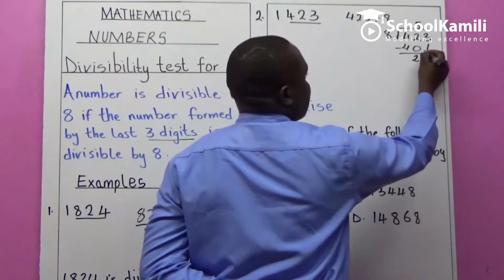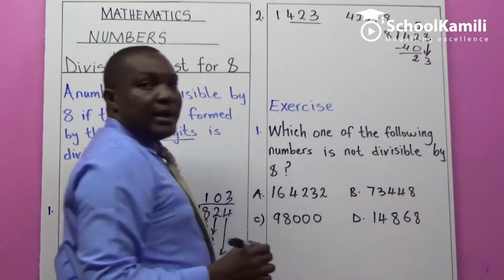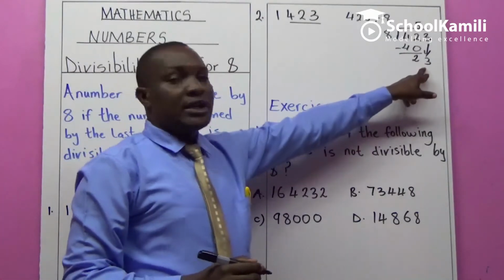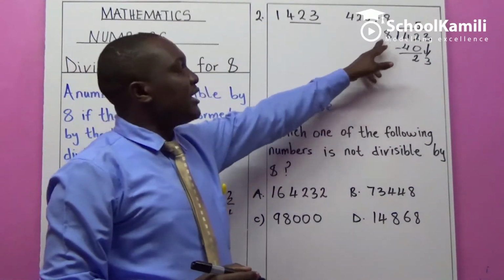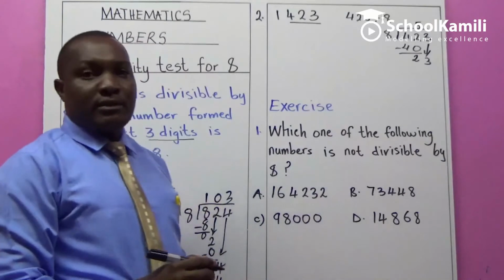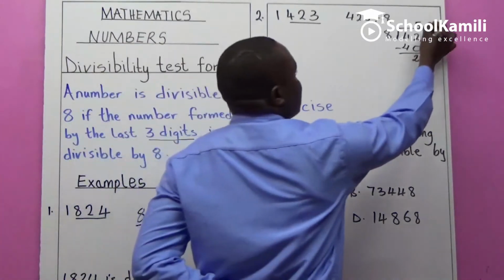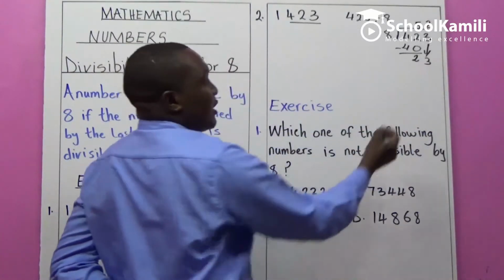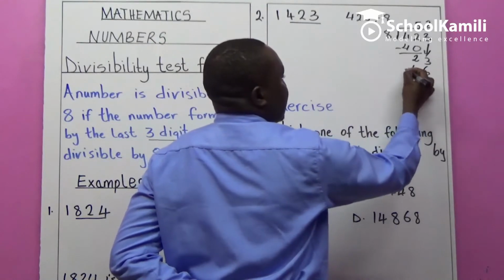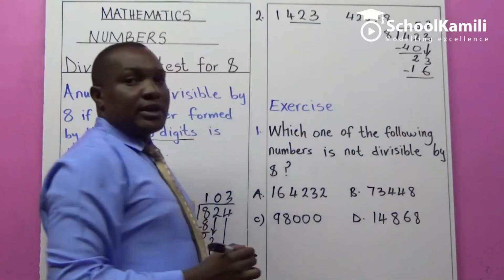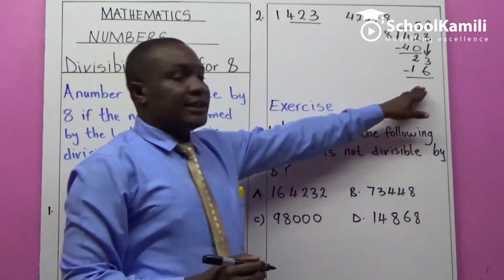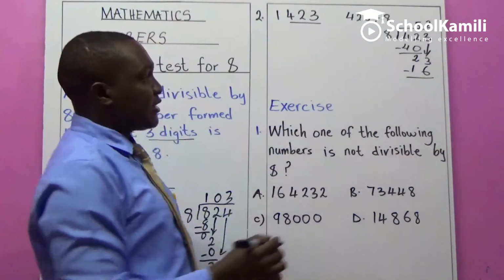Drop 3. The number formed here is 23. How many times can 8 go into 23? 2 times because of 16. Then subtract 23 minus 16. What are you going to get?